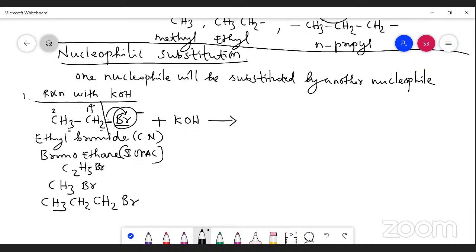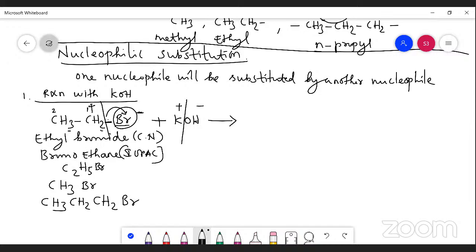In the same way, go with the other reactant, potassium hydroxide. Here also there is a possibility: K plus, because potassium is a metal, and metals are electropositive in nature. Oxygen is electronegative in nature, so OH minus.